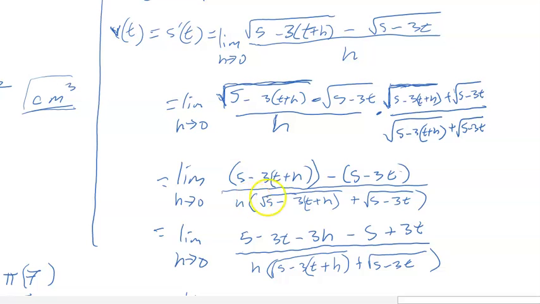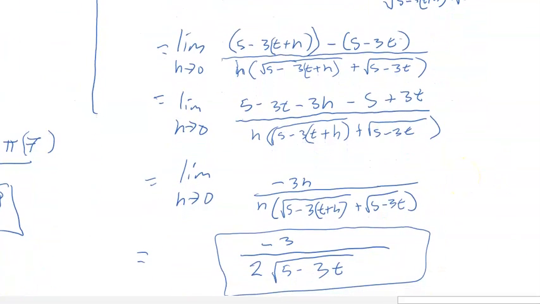Do not expand the denominator just yet, because we want to factor out an h in the numerator to cancel the h in the denominator and get rid of our division by 0 problem. So if we expand our numerator and see if some terms cancel out, we have the limit as h approaches 0 of 5 minus 3t minus 3h minus 5 plus 3t, all over h times radical 5 minus 3 parentheses t plus h plus radical 5 minus 3t.